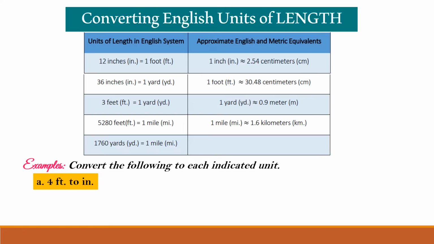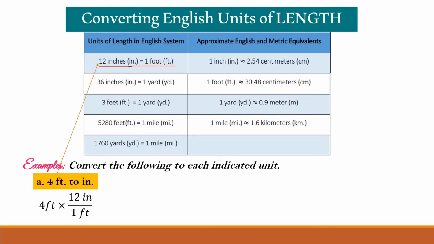For example A, we are going to convert 4 feet to inches. For us to be able to do that, we have to find first the conversion for feet to inches or inches to foot. And we have here the conversion: 12 inches is equal to 1 foot.